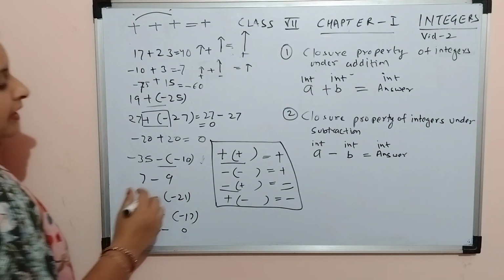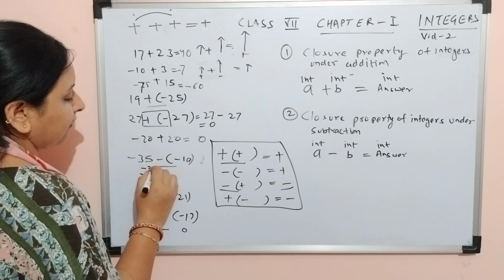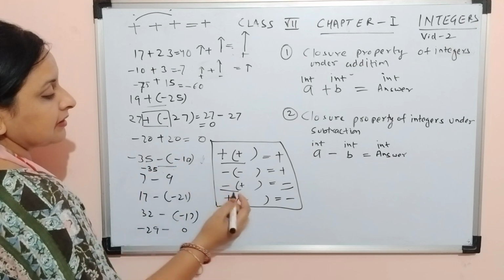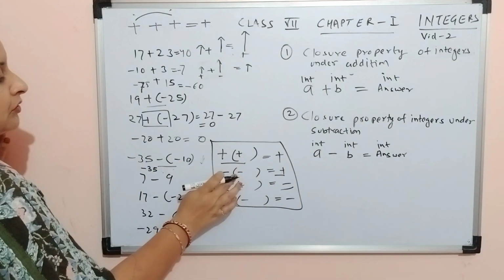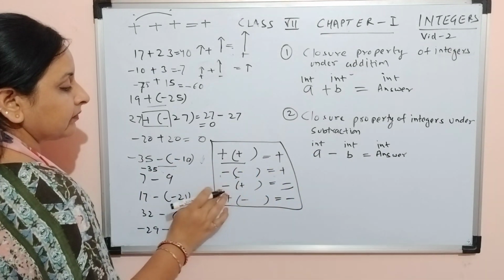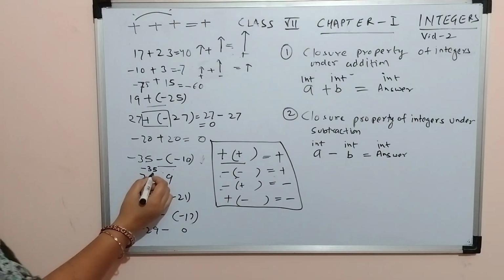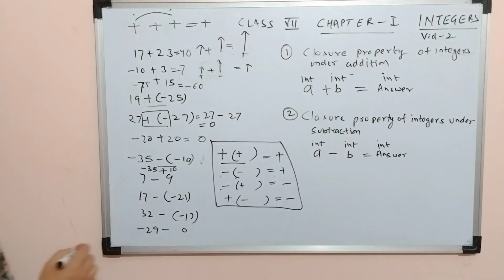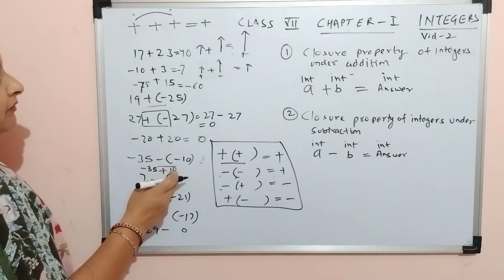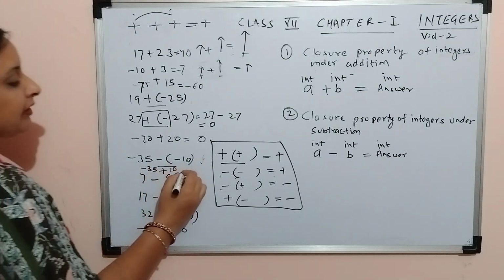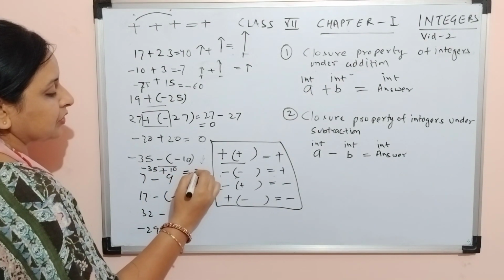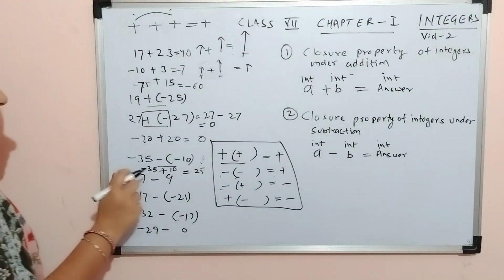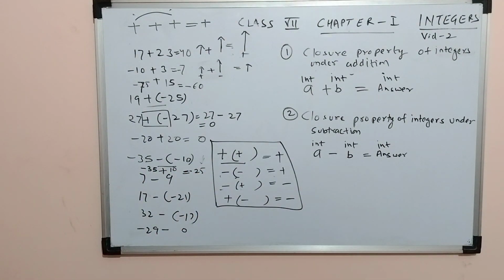So instead of minus minus, you can write minus 35, plus, since minus minus is plus, 10. Again one is positive, one is negative, so subtraction will happen. 35 minus 10 is 25, and the sign of the number with the greater denomination, that is 35, so minus will come here.